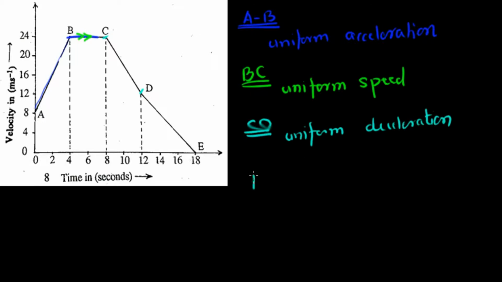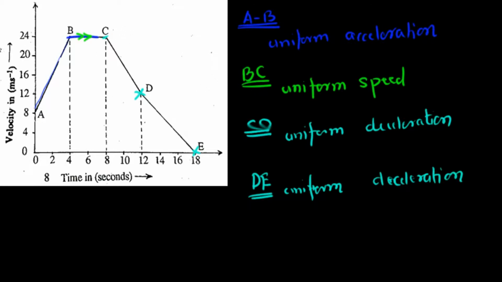And then finally, D to E, check it out. Again, the value of the velocity is dropping from D to E. So again, I would say that this is uniform deceleration. Alright, you must be having a huge question.